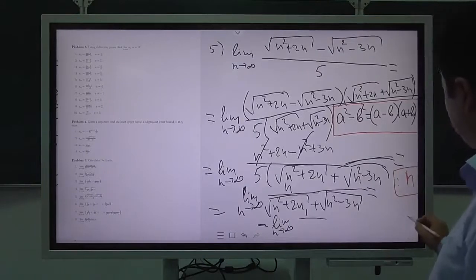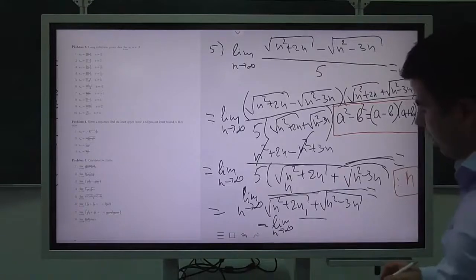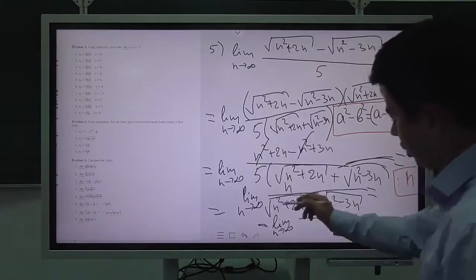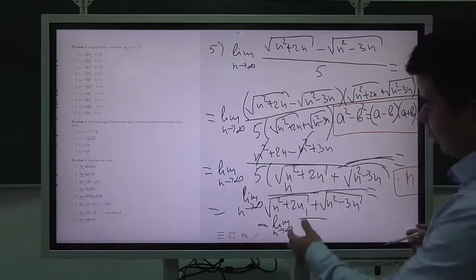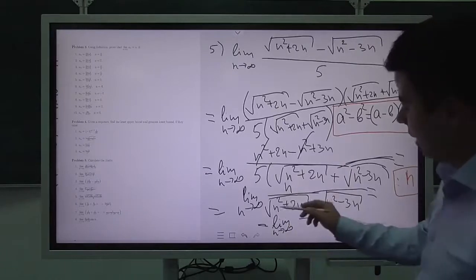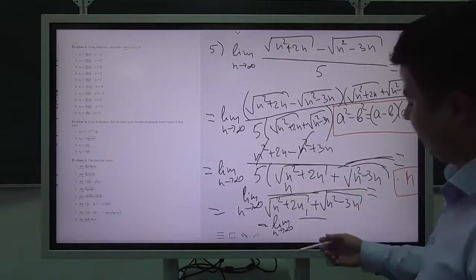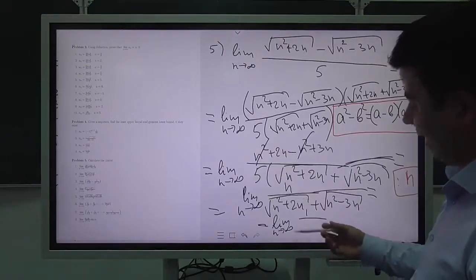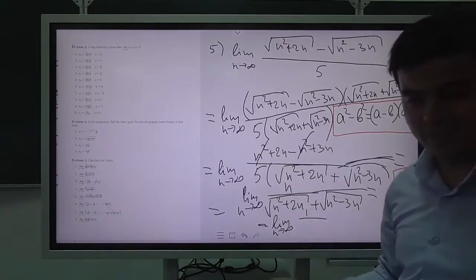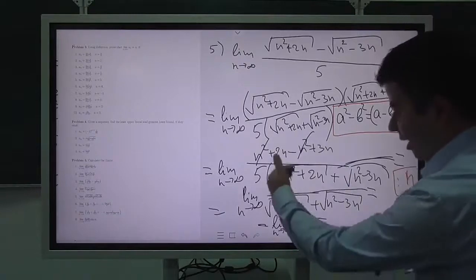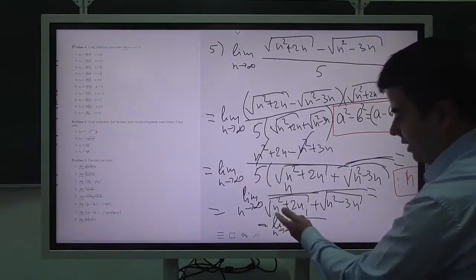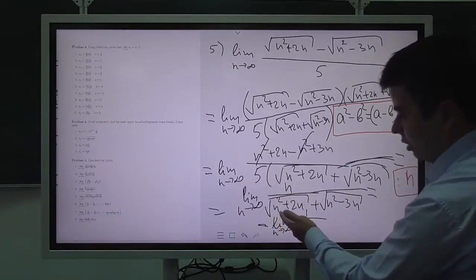Now when we do it inside the square root, we have n squared instead of n, because we divide by n, but in this case we have a square root here.